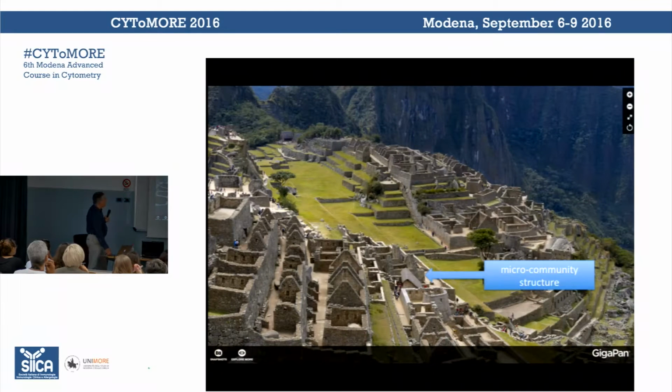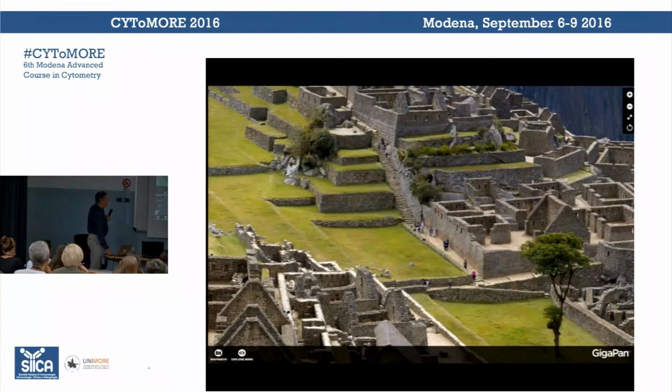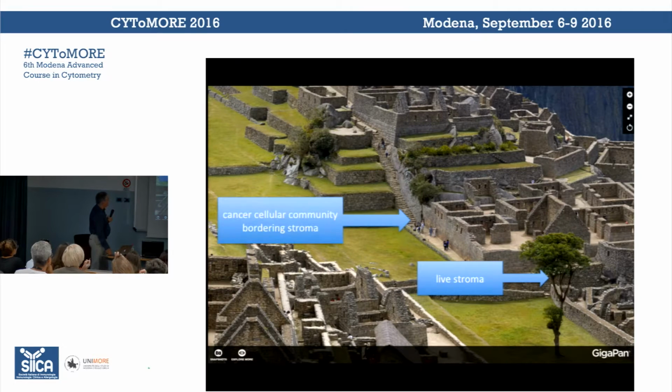You start to see there's real structure, physical structures, biophysical structures within those microcommunities. A little bit more closely, you'll actually see the live stroma. And in some cases, you'll be able to just about see on this image a cellular community, similar, but relatively rare at this point.